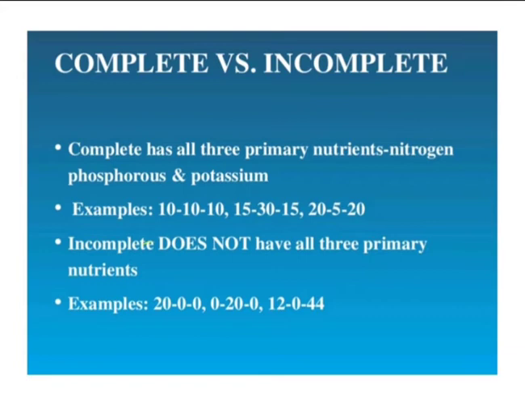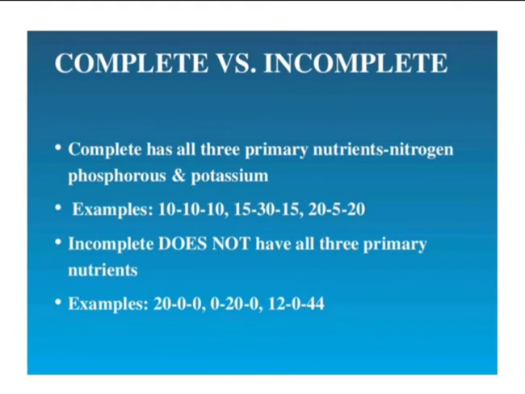Then this is the next example, which is different from these two: 12-0-44. See, 12 is the nitrogen percentage, that means 12% nitrogen is there. Then 0 means phosphorus is absent, and potash is present in the highest amount, 44%. This one contains only 2 macronutrients, and the initial two examples contain only 1 macronutrient.